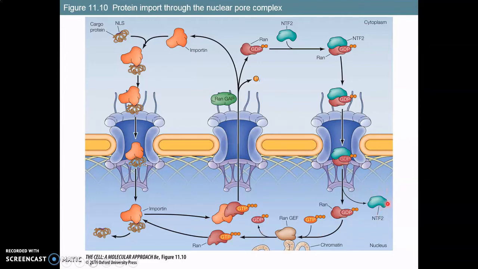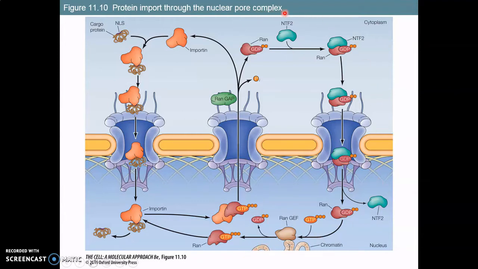Okay, now recognize here that now we've created another scenario where we have a lot of NTF2 on this side. NTF2 simply has its own export protein, which will transport it back out as well.